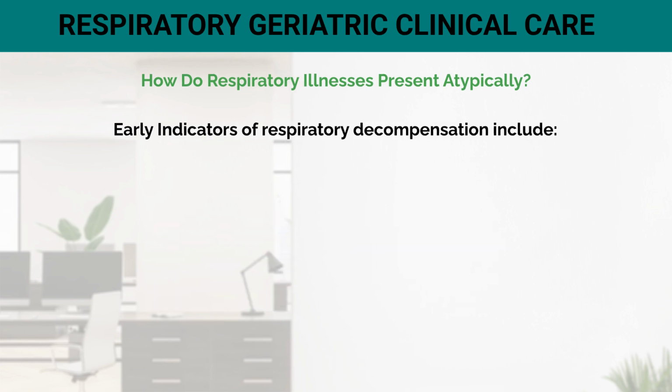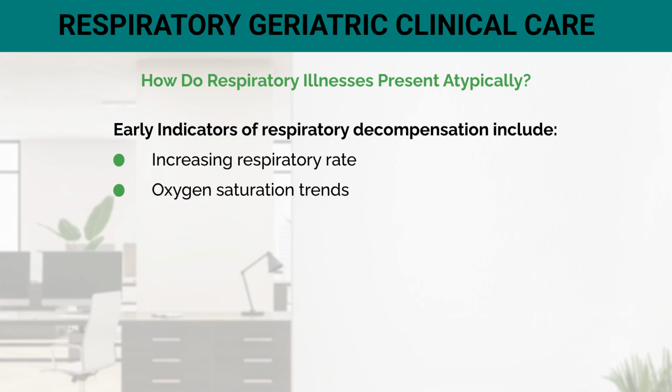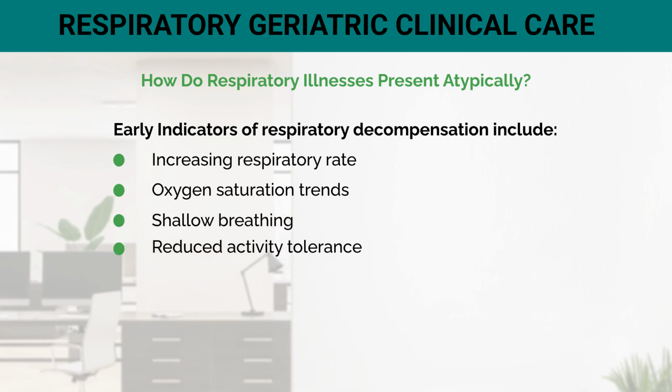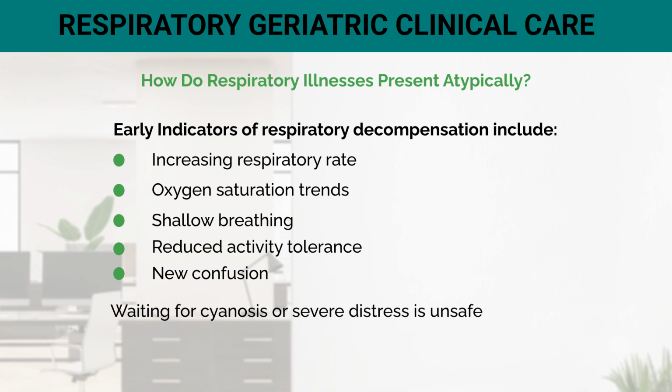Early indicators of respiratory decompensation include increasing respiratory rate even within normal range, oxygen saturation trends, shallow breathing, reduced activity tolerance, and new confusion. It is important to know that waiting for cyanosis or severe distress is unsafe.